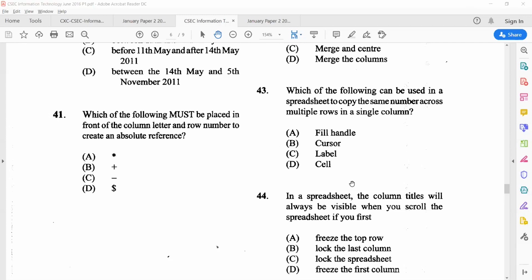Any suggestions for 43? Okay, so the cell and the label is not applicable, right? I mean, in this question, that's not correct. The cursor, everybody knows what the cursor is, right?